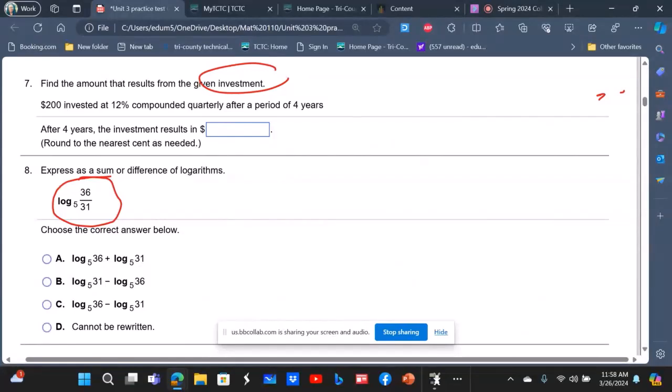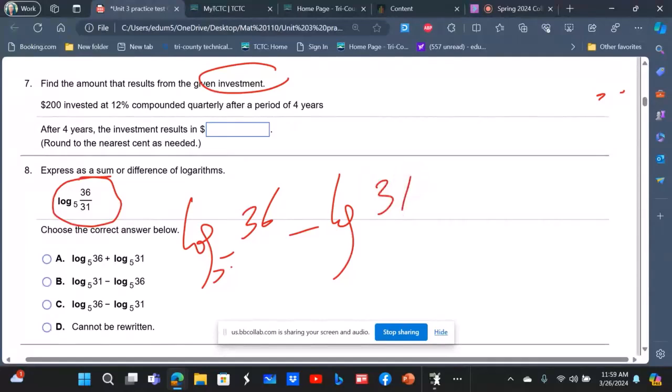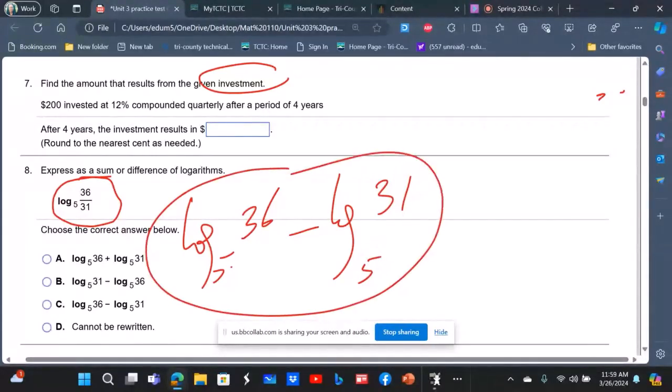Because it's division, it is log to base 5 of 36 minus log to base 5 of 31. That's it. Simple. But suppose I'm told to find the answer, to solve this problem, then I will do change of base.